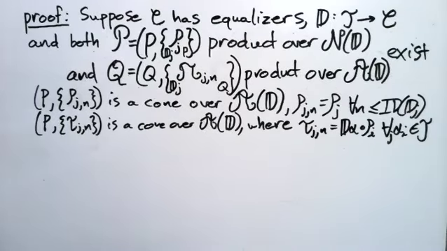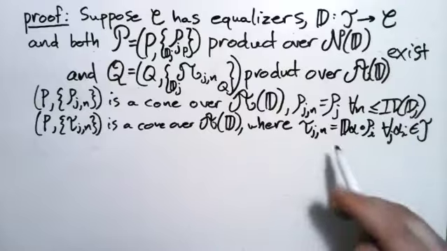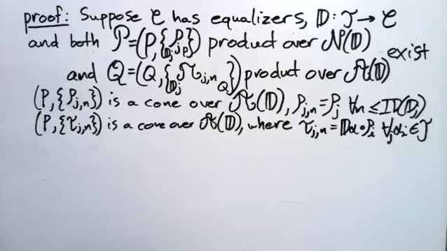And this forms a cone because n is the in degree of dj for each dj, and we constructed the arrow diagram to have exactly n copies, right? The number of morphisms coming in, or the in degree of dj, is the number of copies of dj that we have in the arrow diagram.